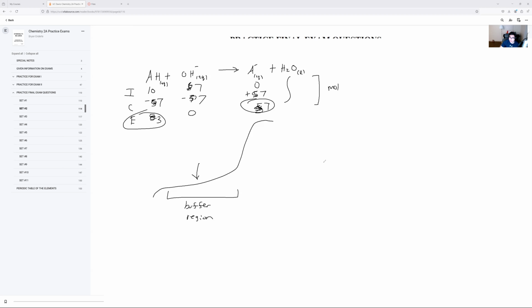So if you have a polyprotic acid, let's just pretend AH is polyprotic, like this, and you're saying that you start with 1.08, and then this was 0.72. NaOH is 0, and they put a plus X here.